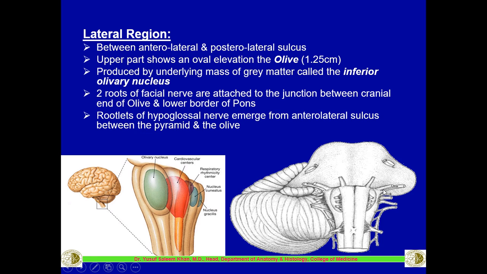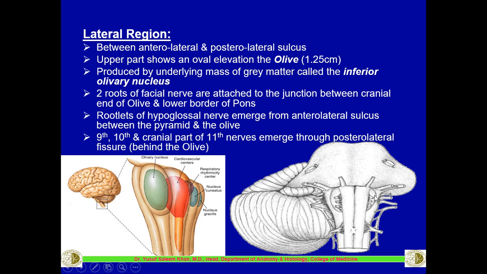Here you can see the hypoglossal nerve coming from the anterolateral sulcus, and here is the posterolateral sulcus. The hypoglossal nerve, which is the 12th cranial nerve, comes through the anterolateral sulcus between the pyramid and the olive.